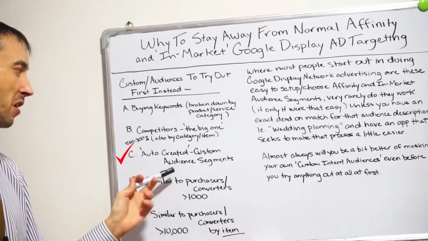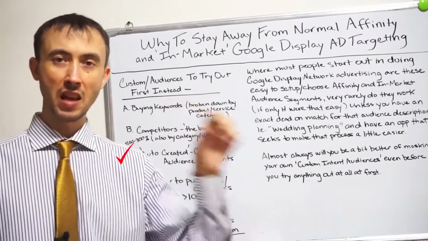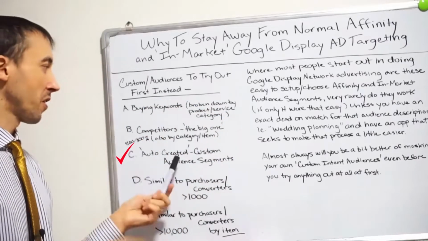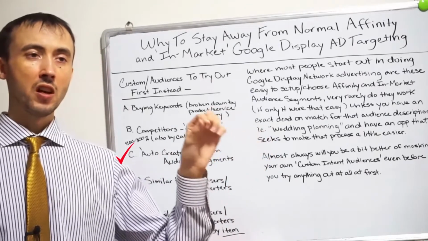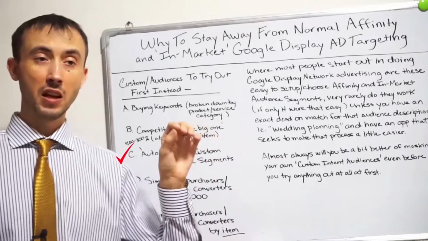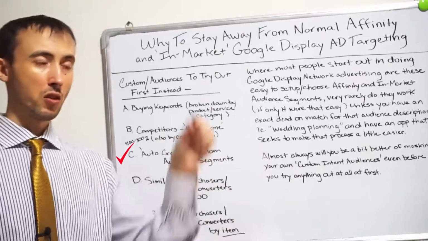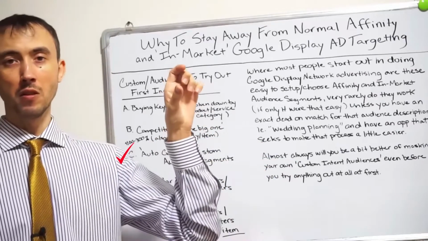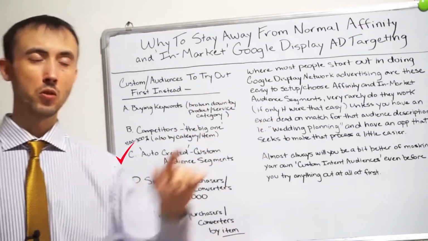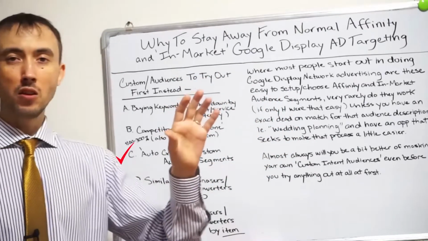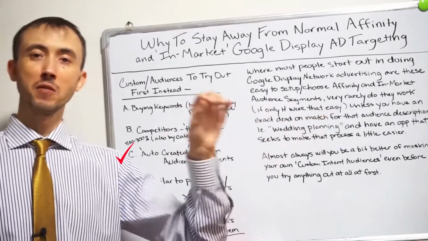I talked about that in other videos, but you can assign a unique bid to that audience, and all the other auto-created custom audience segments, based upon their proportion and capability to deliver a conversion at the cost you need. You can adjust your bid up or down mathematically using what they call the bid adjustment formula. You can Google that, so that you get the most conversions at the cost per conversion you need.